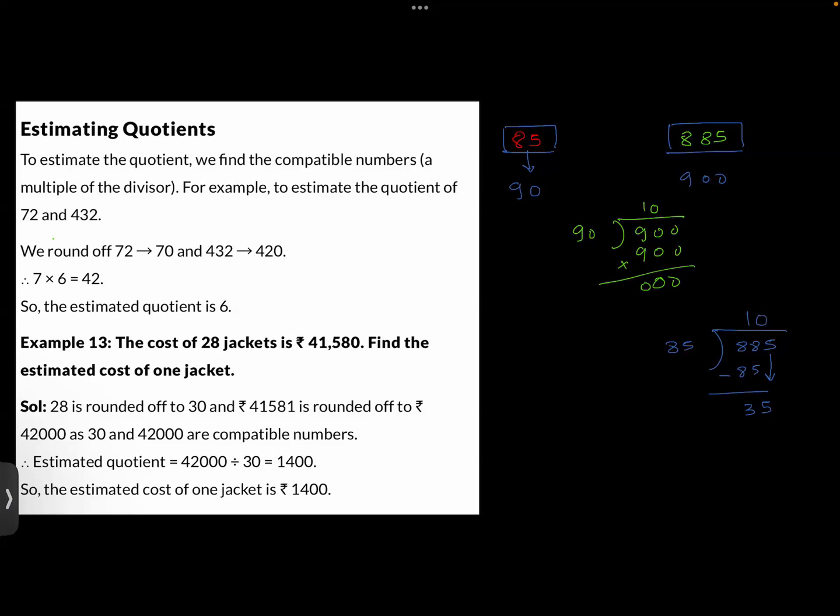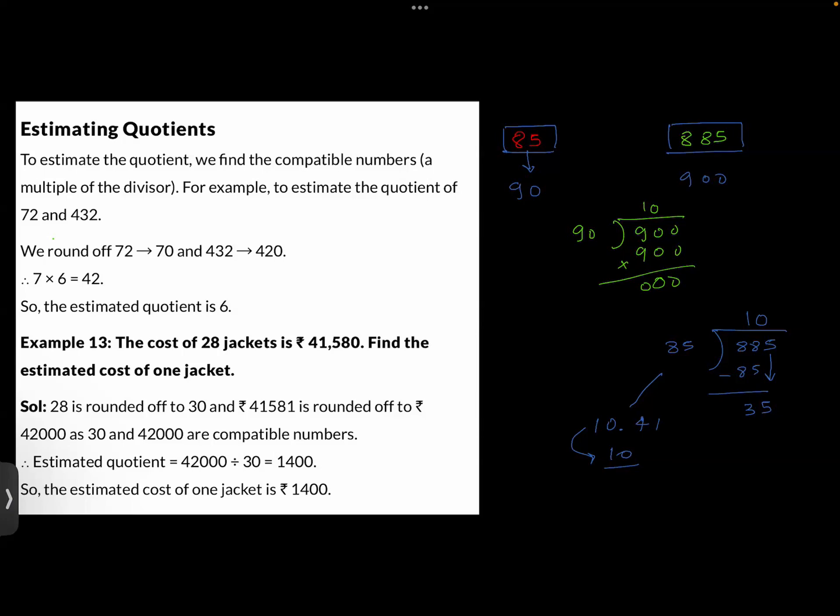So basically, after having divided it, the value would be approximately 10.41. The answer will come in decimal. When you round off this decimal to the nearest 10, that becomes 10. How would we know it's 10.41?